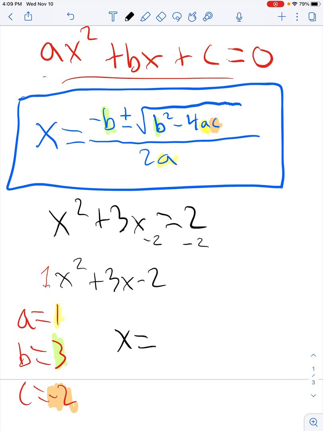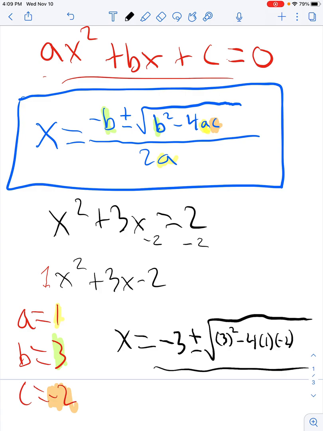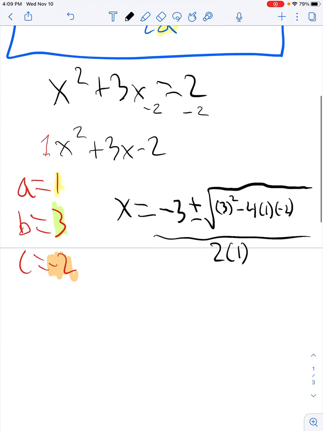So x equals, I'm not much of a singer, so I'm going to save you from that. Negative 3 plus or minus the square root of b squared, so 3 squared, minus 4 times a times c, all over 2 times 1.